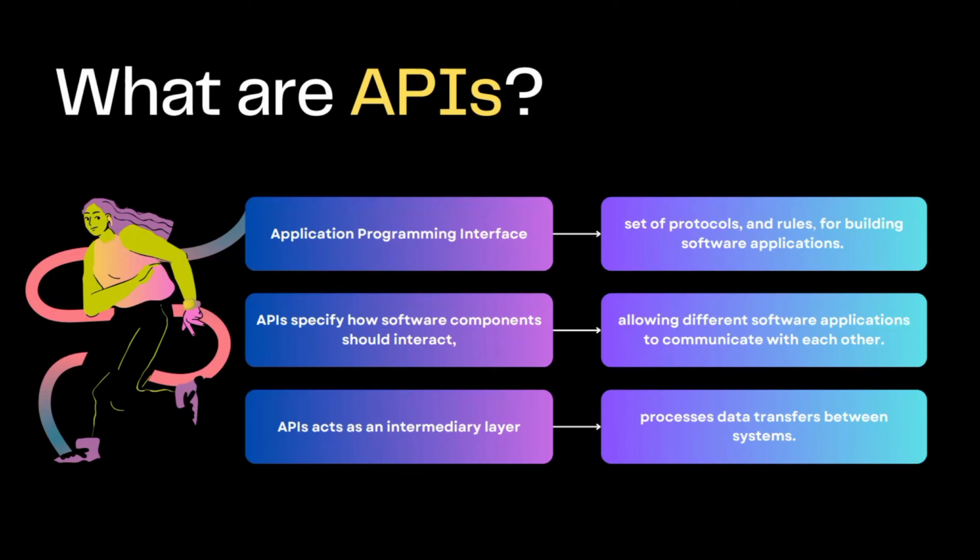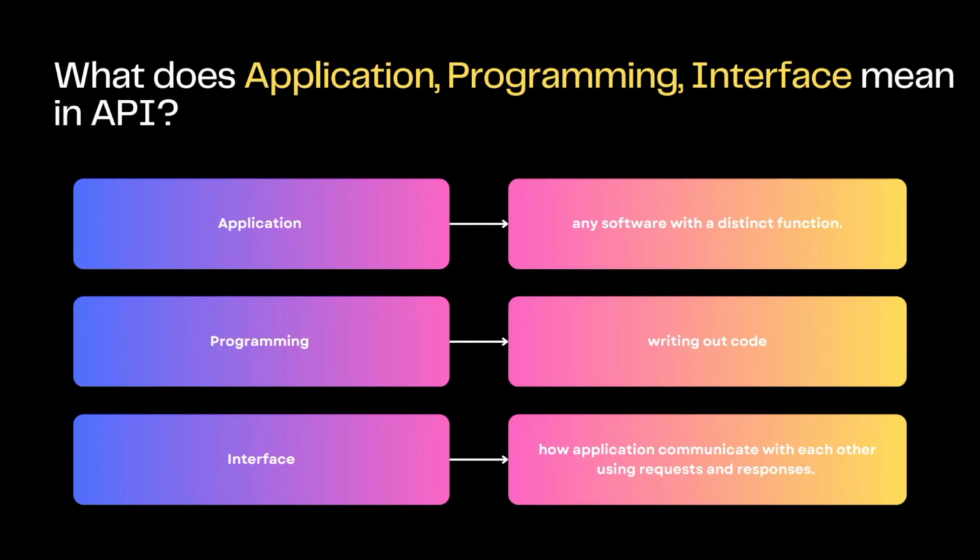APIs are present everywhere. So, what does application programming interface mean in the context of an API? Application is any software with distinct features or distinct functions. Programming means writing code.